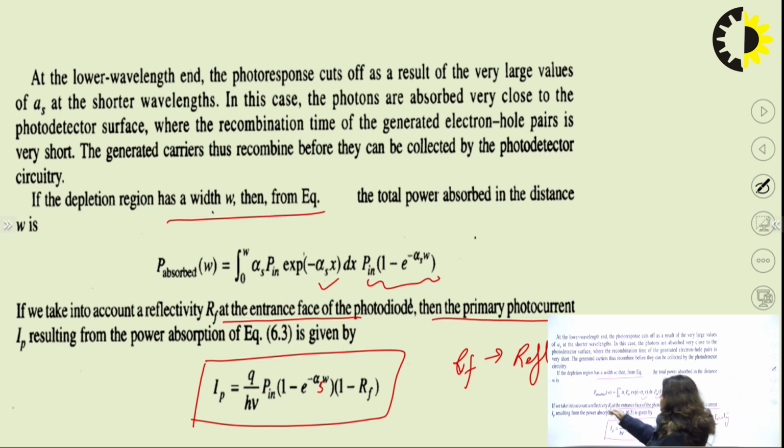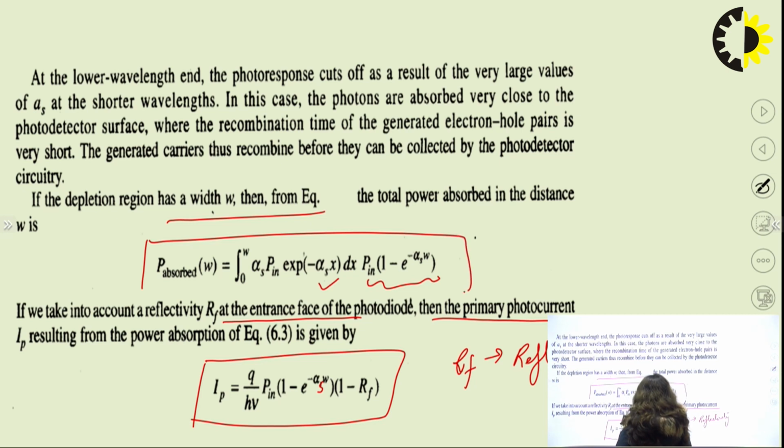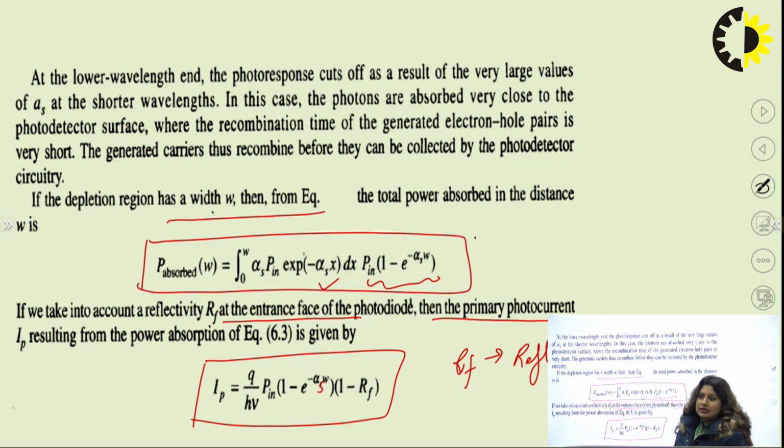The first equation will give you an idea about how much power is absorbed in the depletion region. Whatever the incident power, there is some leakage and there is some absorbed power. Due to this absorbed power, how much photocurrent is generated in the photodetector? This is given by the formula Q upon h nu, P in, 1 minus e to the power minus alpha S W, 1 minus RF.